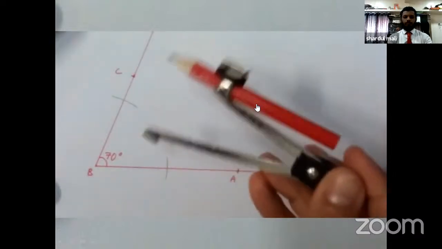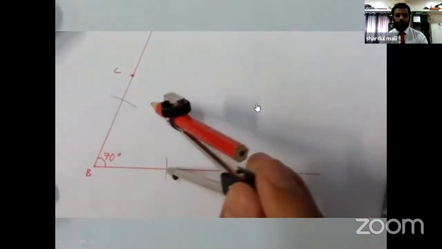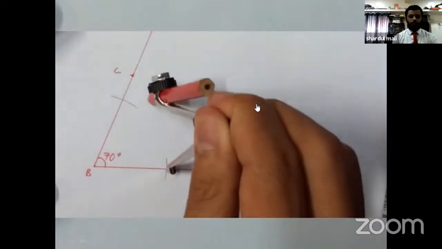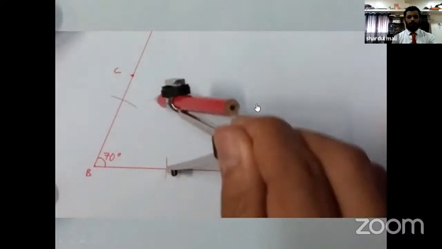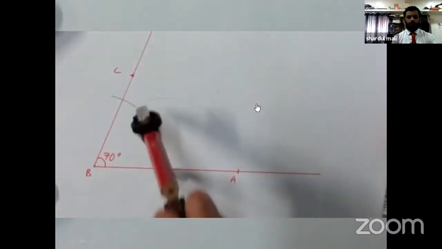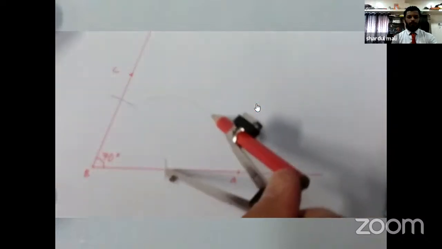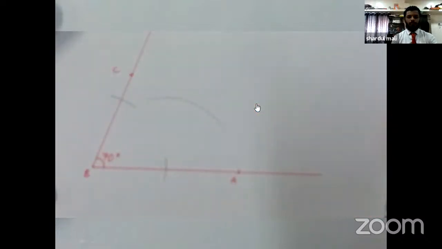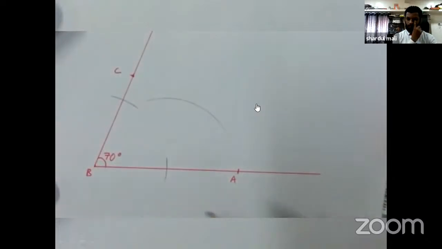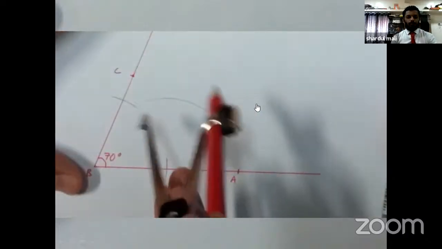Next part, without adjusting again, I'll poke it at where it intersects. I'll cross it through like this. You should see a mark there. And then I'll do the same for the other side.